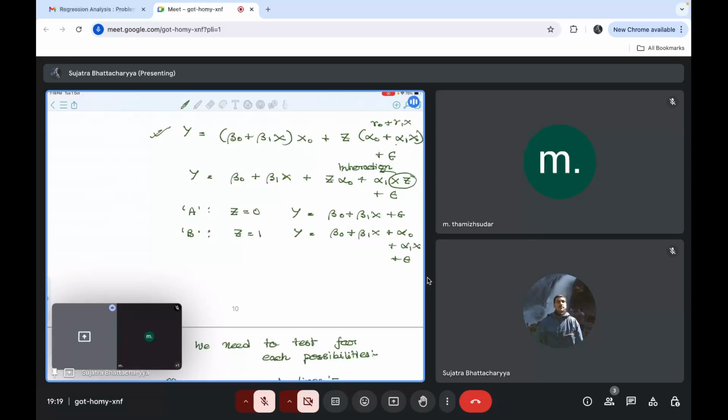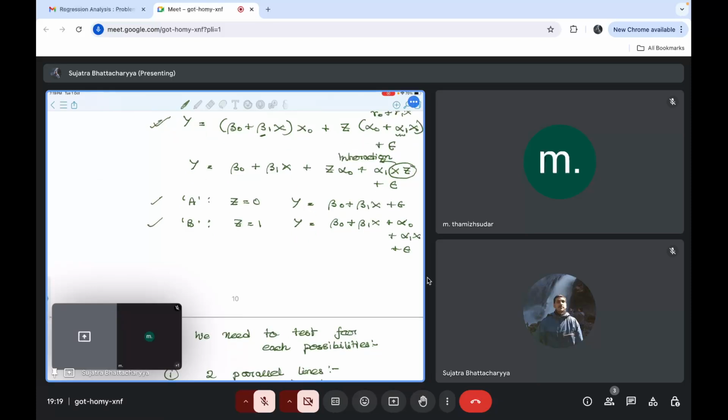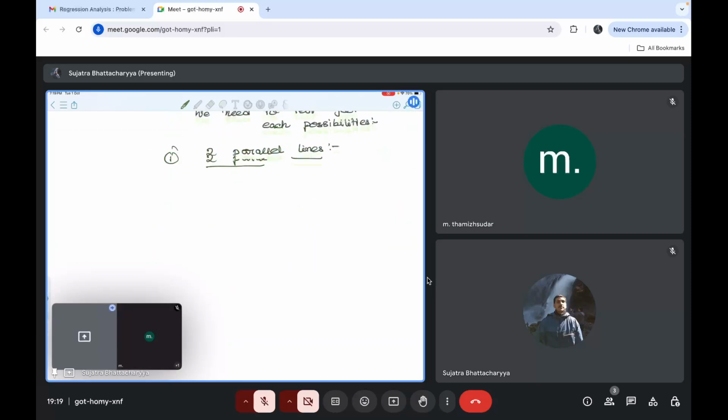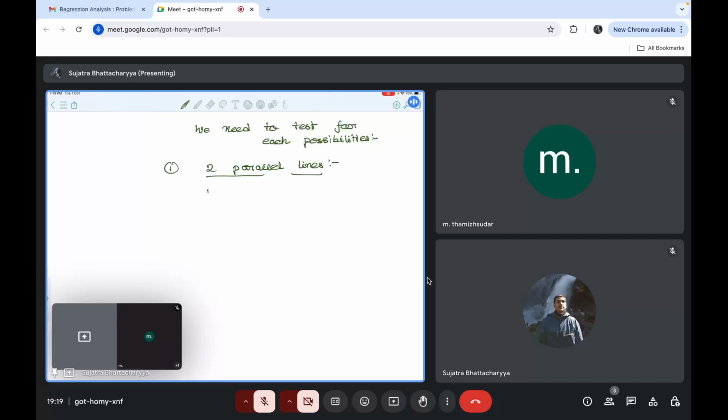Therefore, if I put alpha 1 equal to 0, then only the slope will be the same for both the cases. So for two parallel lines, let us test alpha 1 equals 0 against the alternative hypothesis, alpha 1 not equal to 0.